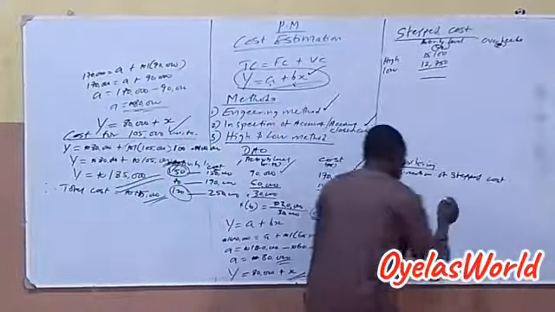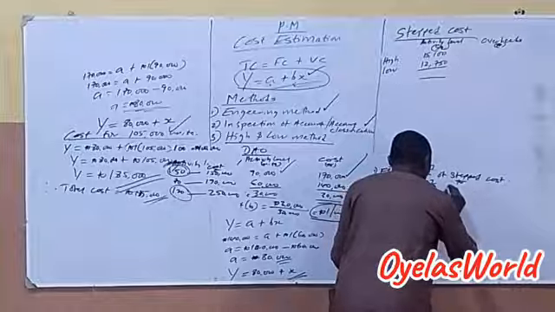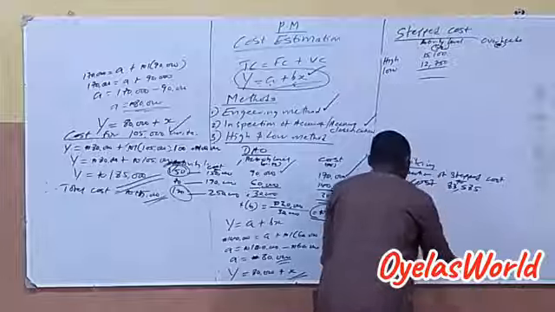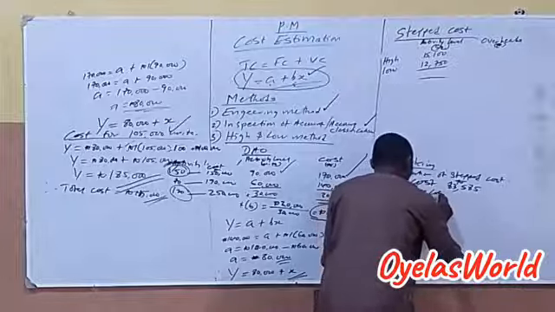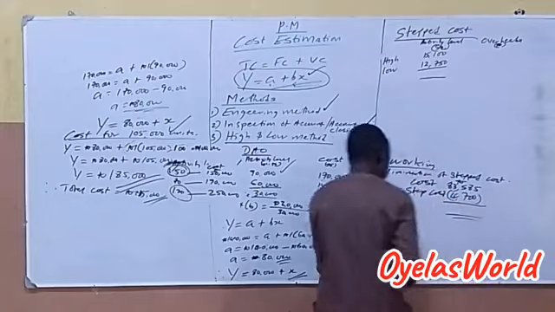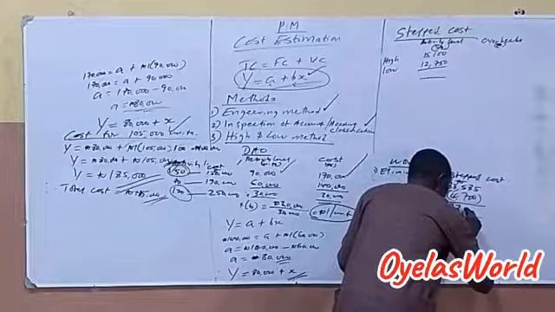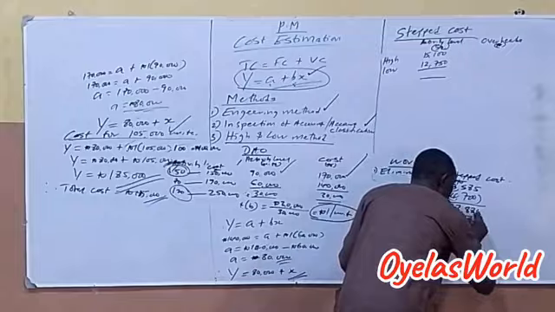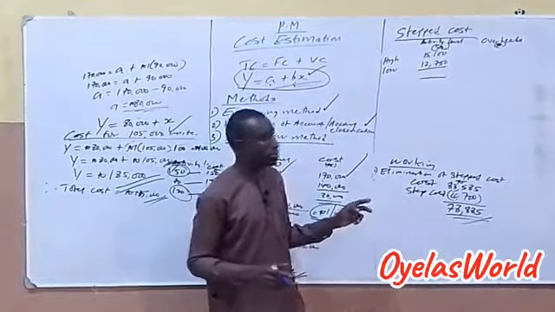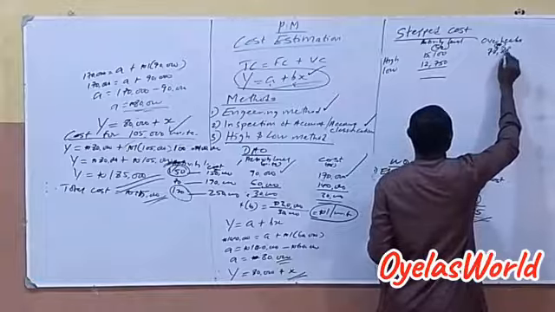What is the cost? 83,585. Step cost is how much? 4,700. Take it out. What do you have? 78,885. So this is what we now need to pick. We now come here, 78,885.